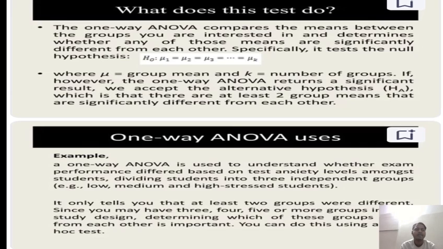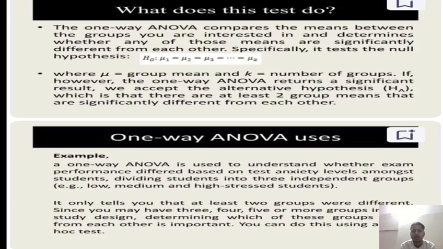Specifically, it tests the null hypothesis: mu1 equals mu2 equals mu3 and so on up to muk, where mu is the group mean and k is the number of groups. If, however, the one-way ANOVA returns a significant result, we accept the alternative hypothesis, which is that there are at least two group means that are significantly different from each other.